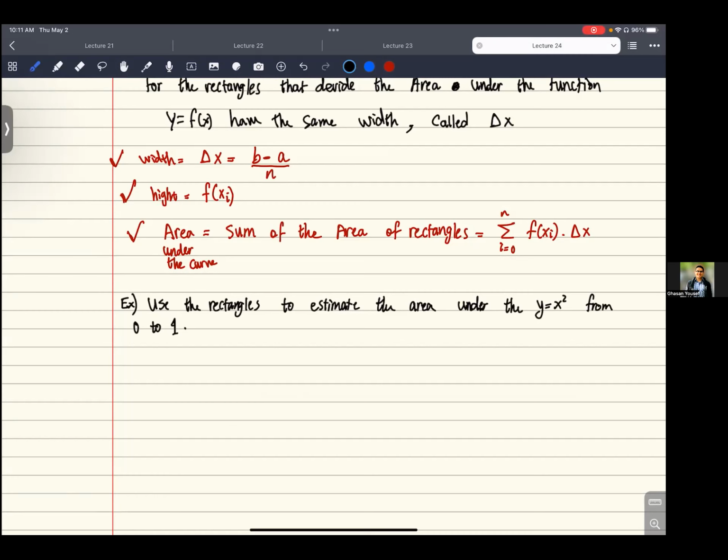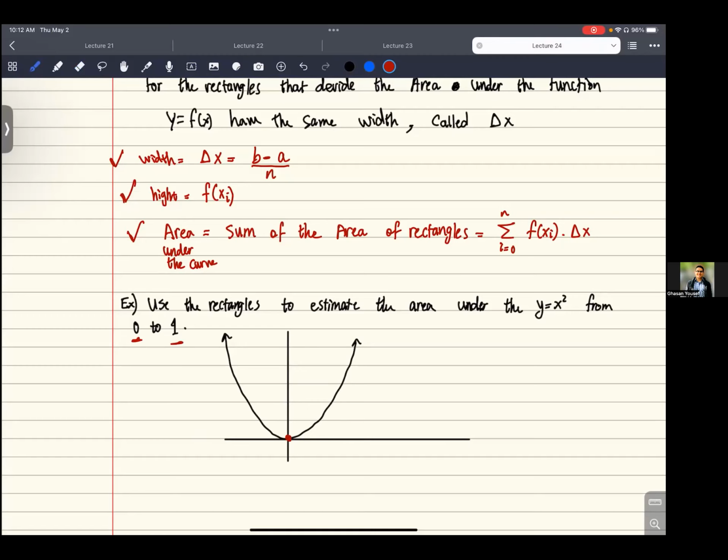Okay. So do you know how to graph the parabola? Of course, most of you, I'm sure, know how to graph the parabola x square. Here is the parabola of x square. But they ask to find the area from 0 to 1. They're not asking for all the points, only starting from 0 to 1. So here is the point 0, and here is the point 1.